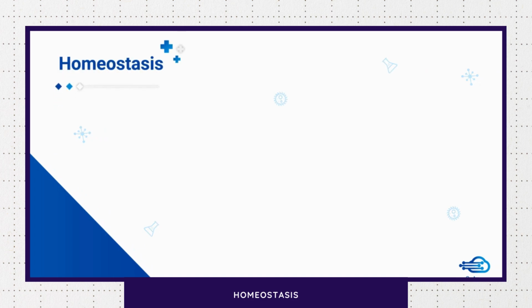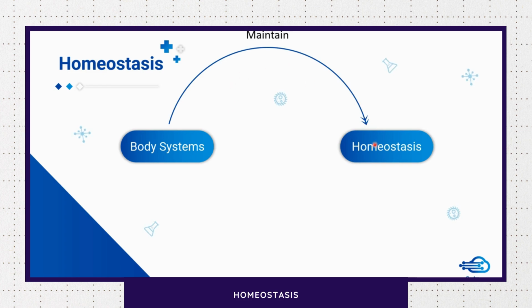So basically, for homeostasis, various body systems come together and maintain it, because as I already told, the respiratory system, digestive system, and excretory system are all involved in maintaining the internal environment. Then obviously the cardiovascular system, because it is taking the nutrients to the cell and taking away the waste products.